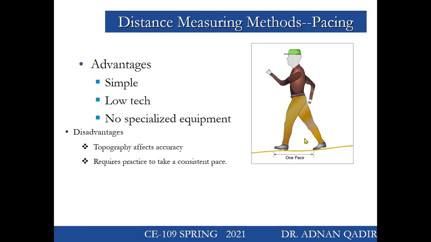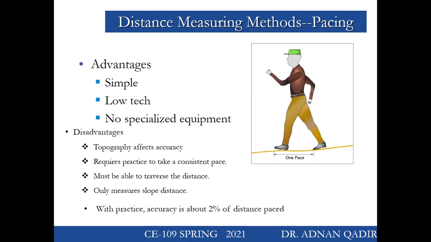One pace is the distance from one toe to the other toe of your leg, and there should be a person who is able to walk 100 meters, not a person who stops every now and then and takes 200 meters. Then this will be of no use. It can measure slope distance as well. The accuracy is very low, 2%.